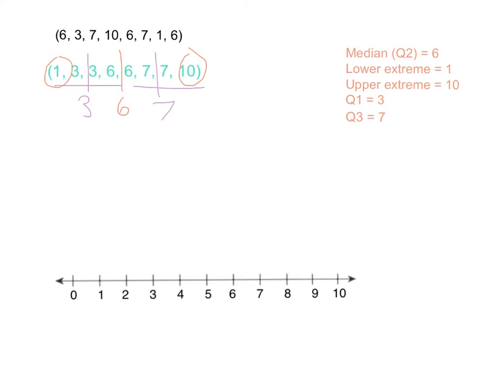The median, which is 6, lower extreme, which is 1, upper extreme, which is 10, Q1, which is 3, and Q3, which is 7. Now obviously when drawing a box plot on a test or an exam, you need to use a ruler and make sure they're all in line.